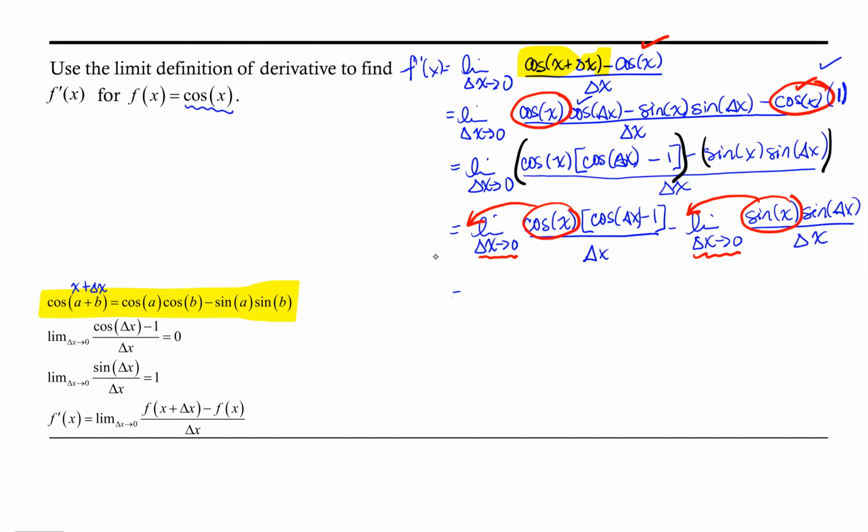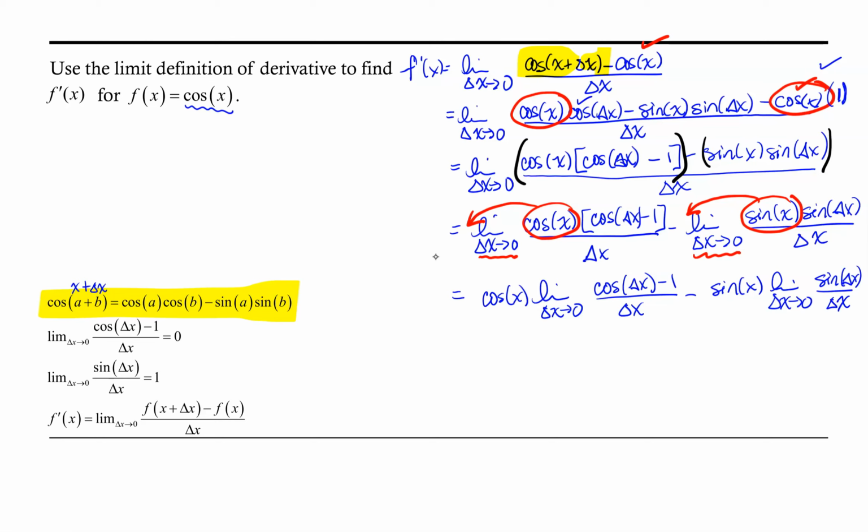So we end up with cosine of x times the limit as delta x goes to 0 of cosine of delta x minus 1 over delta x minus sine of x times the limit as delta x goes to 0 of sine of delta x over delta x.